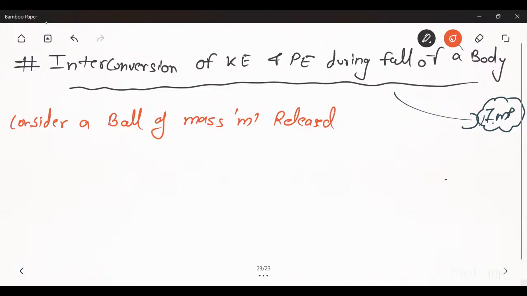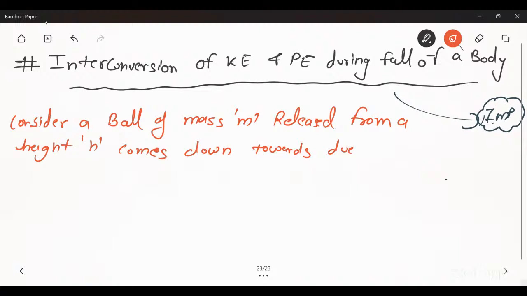It comes downward due to gravity with increasing velocity.